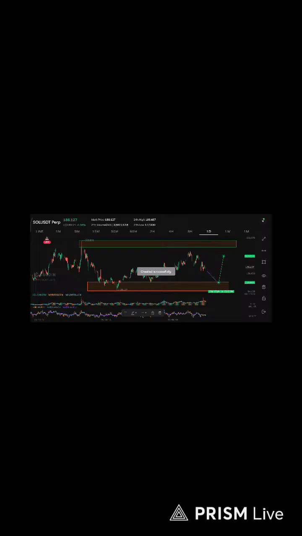If this market decides to pump back to this zone, this is a support zone, and there's also an opportunity for you to do what? To sell. You sell again. That's as easy as that.